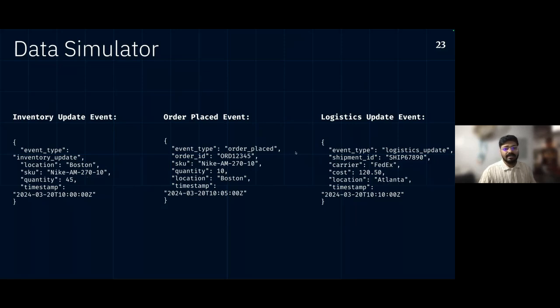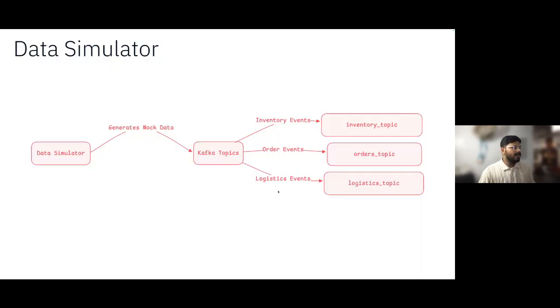Let's say there is a manager who needs to know how many orders have been placed right now. By asking a chatbot, it could provide an accurate response, like there are 40 orders for Nike AM 270 size 10. To provide that information, we need to ingest this data into Kafka.